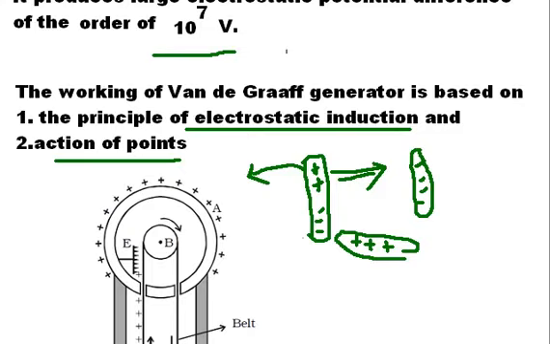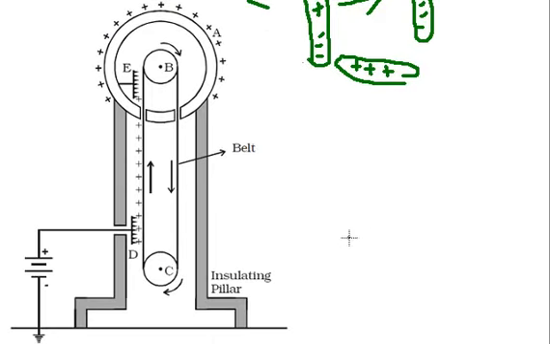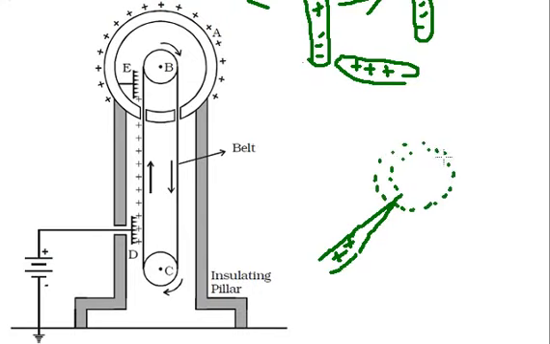Now the action of point is, suppose you have a sharp edge like this, a sharp pointed edge which is having a positive charge. Because of the sharp edge, there will be some leakage of the charges around the sharp edge.